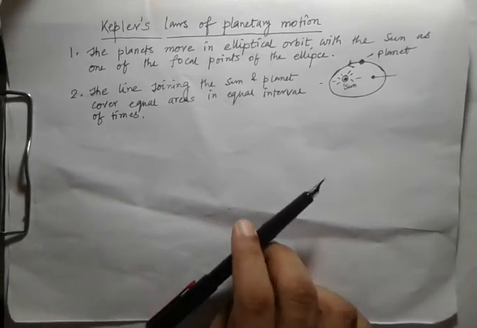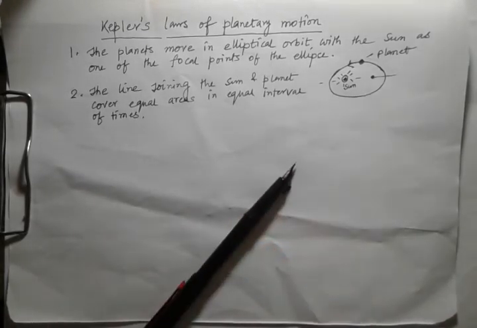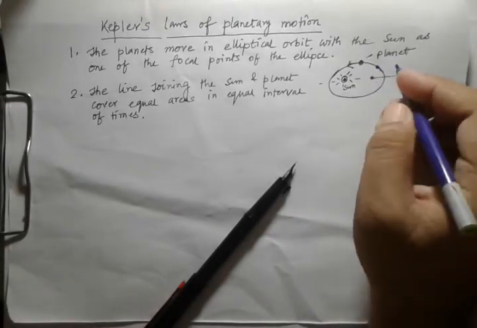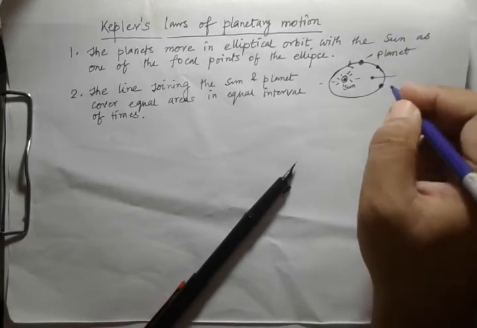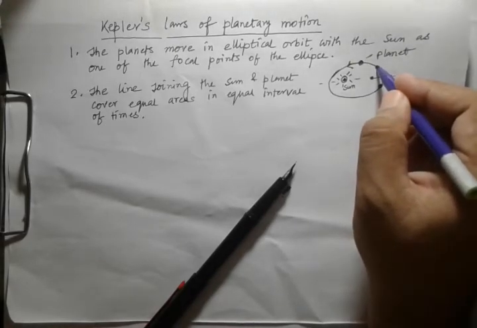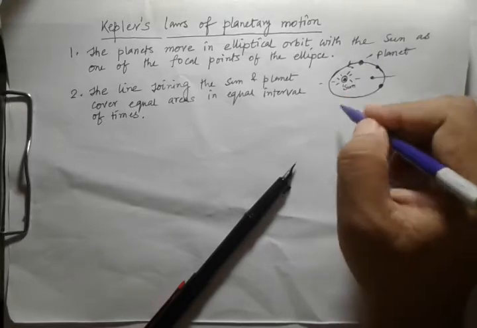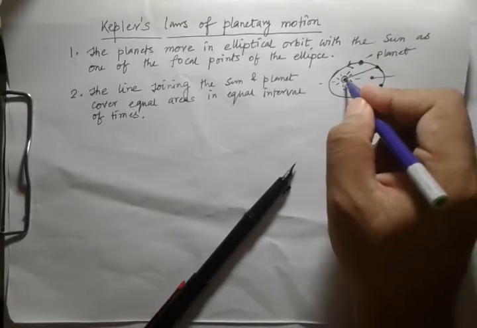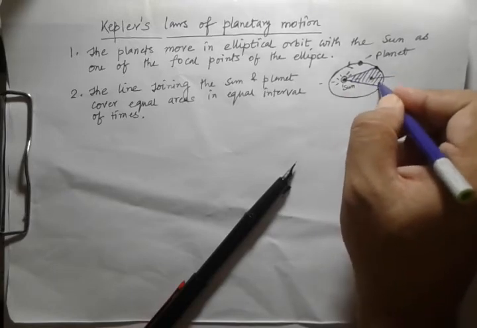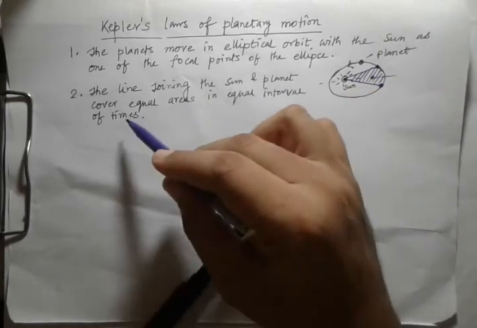What is the meaning of this? Suppose the planet was here in this position, and after one month, in 30 days, the planet will go to here, because the planets are revolving around the Sun. So if I join this line, this is the area. This is called the line joining the Sun and the planet covers equal area.